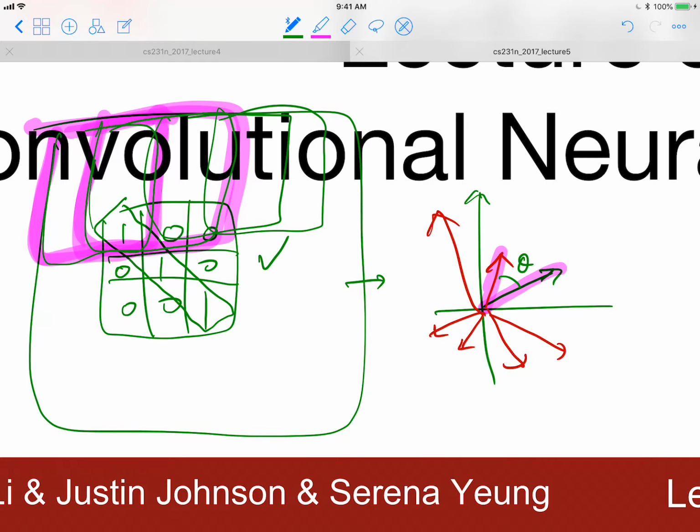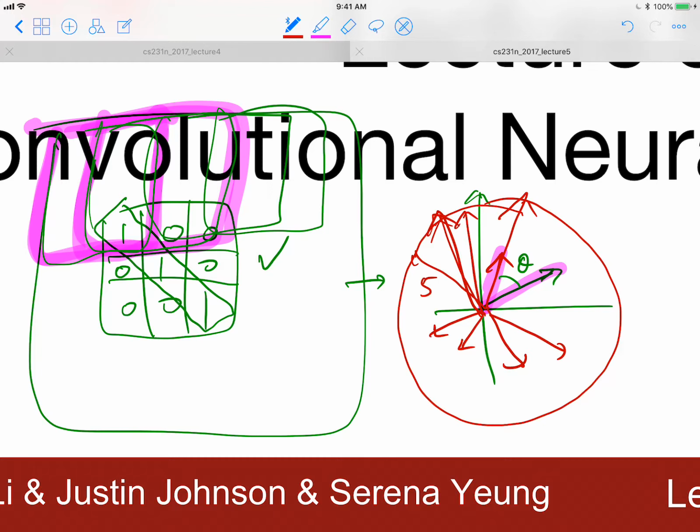So all these red vectors will be treated as having the same length, say a radius of 5, and those vectors will be on the circumference of our circle, right? This is just one assumption, but let's make that assumption.